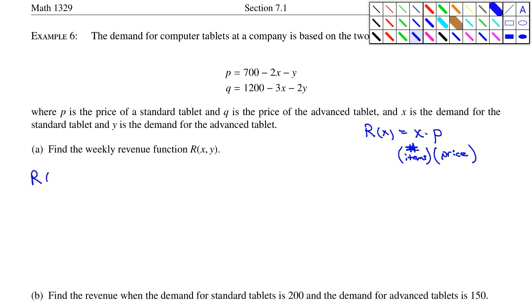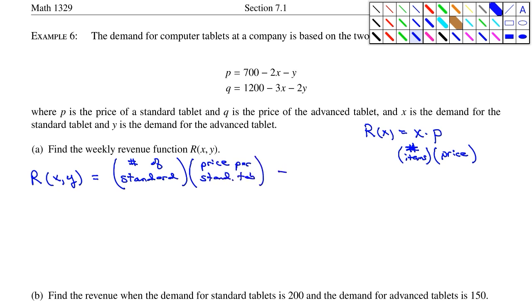So R of X comma Y is going to be the number of standard tablets times the price per standard tablet, plus the number of advanced tablets times the price per advanced tablet.